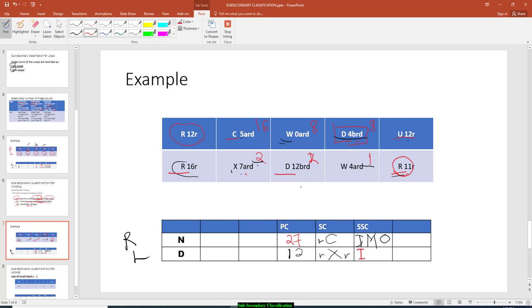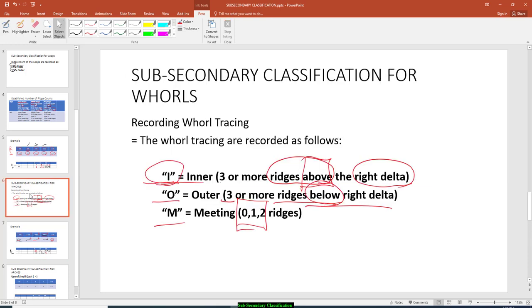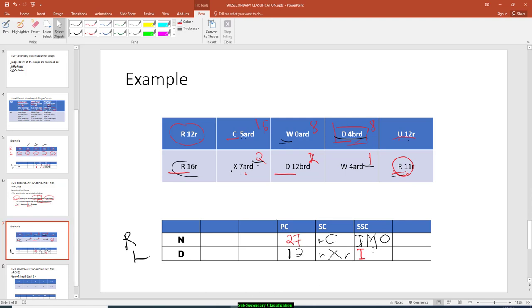Next one, we have here 12 ridges below right delta. So let us go back again. If it is below right delta, then it will be outer. Okay.